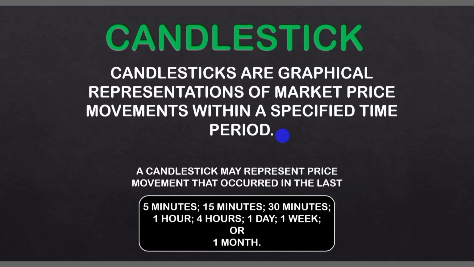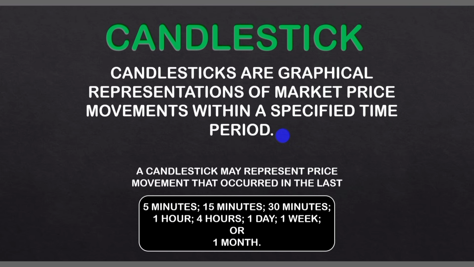These are present more in TradingView. For your MT4 and MT5, the one you use within your phone, you have just the 1 minute, the 5 minute, the 15 minute, the 30 minute, the 1 hour, the 4 hour, the 1 day, the 1 week, and then the monthly charts.